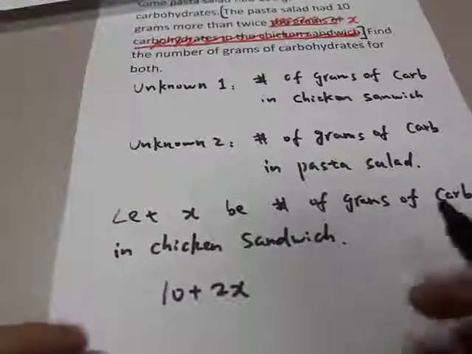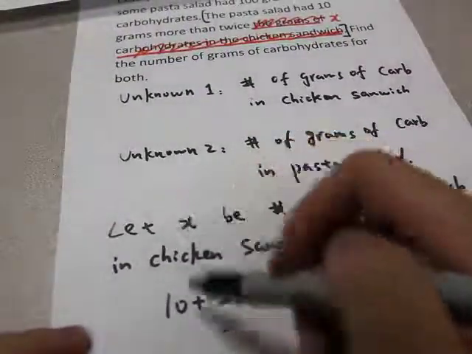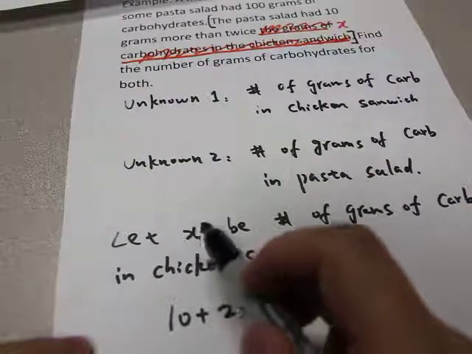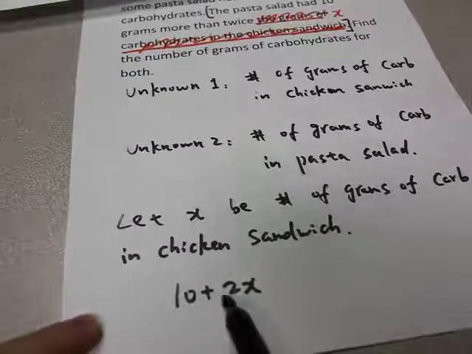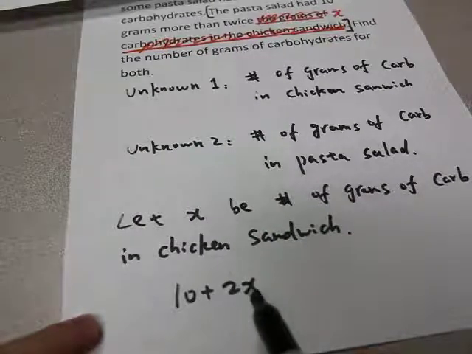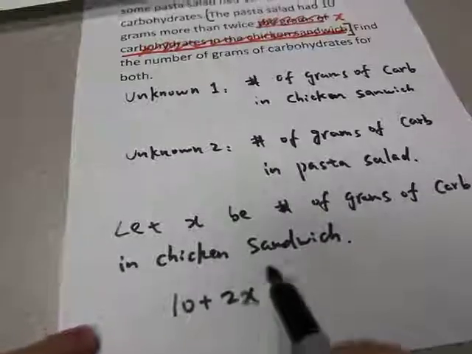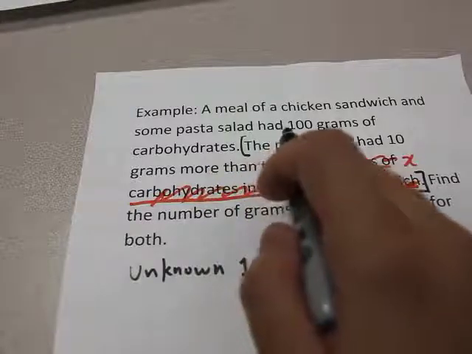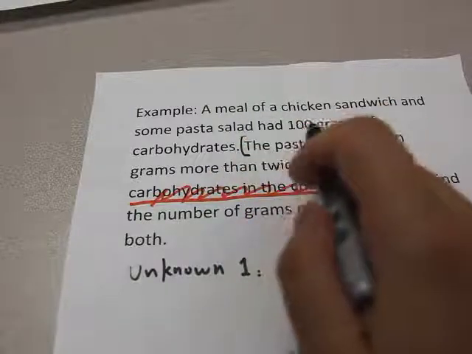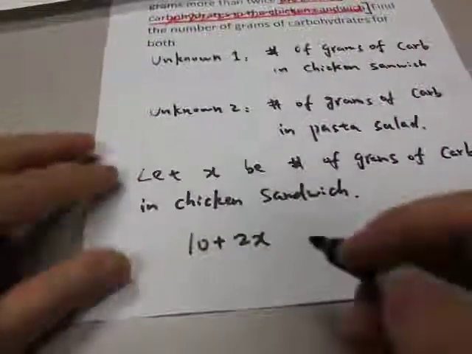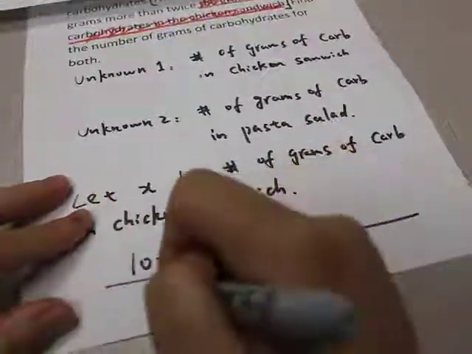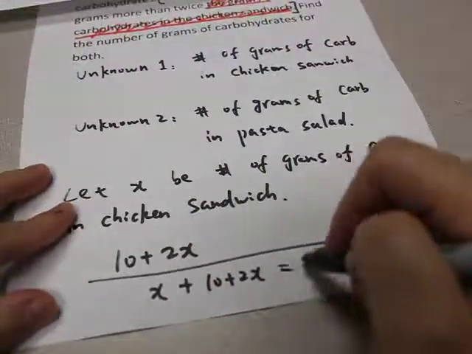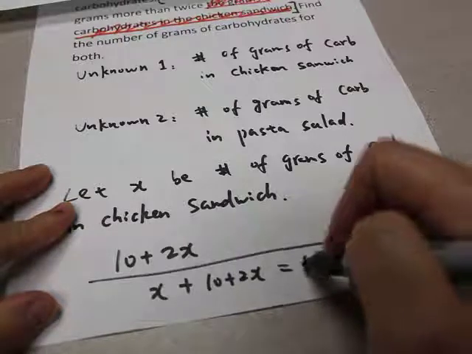Okay. Now, once we determine how to write each unknown, since x represents the amount of carbohydrates in chicken sandwich, and 10 plus 2x represents the amount of carbohydrates in pasta salad, and because we're given the total amount of carbohydrates in both foods is 100 grams, we add x and 10 plus 2x, and this is gonna be equal to 100.